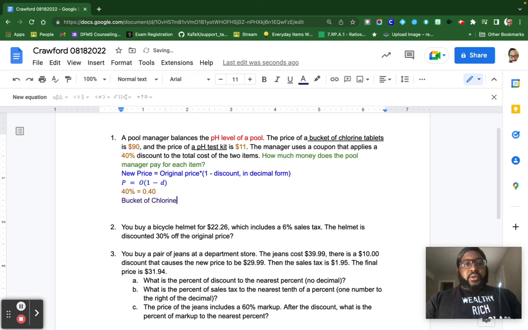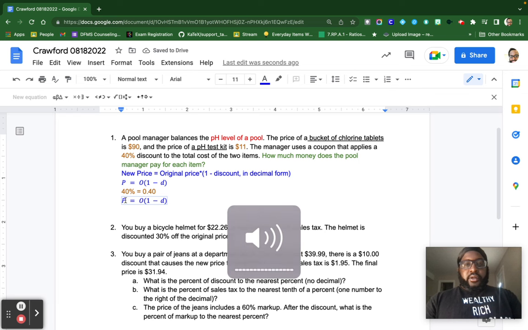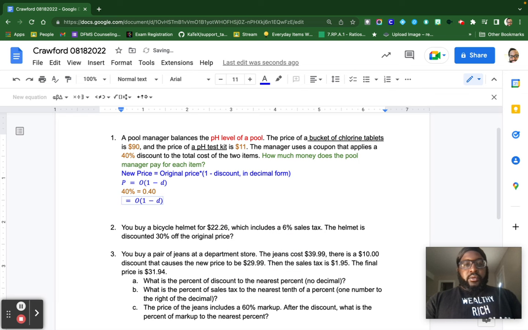And, oops. You know what? I realized I wanted to get a bit more fancy with this. So I'm going to copy this and paste it. Oops. So I'm going to change this P to dollar bucket of chlorine for its original price and put the discount.